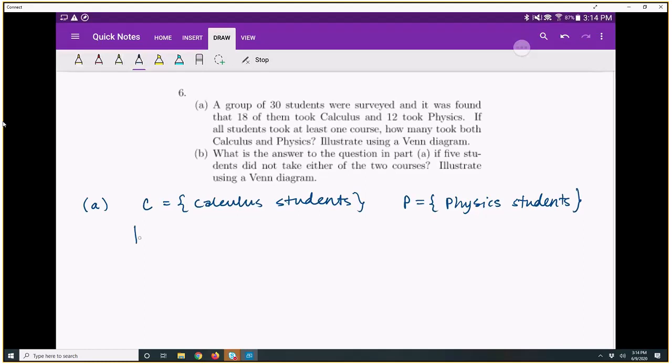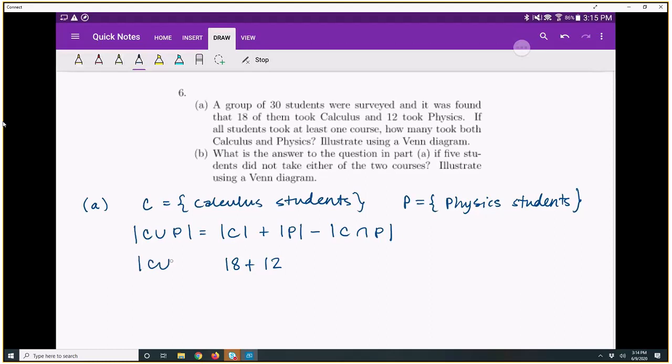We'll start by remembering the rule that the cardinality of the union should be equal to the cardinality of C plus the cardinality of P minus the cardinality of their intersection. And what we know is that 18 of them took calculus, so this is 18, and 12 of them took physics, so this is 12.